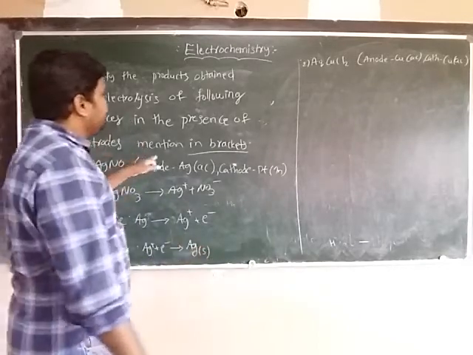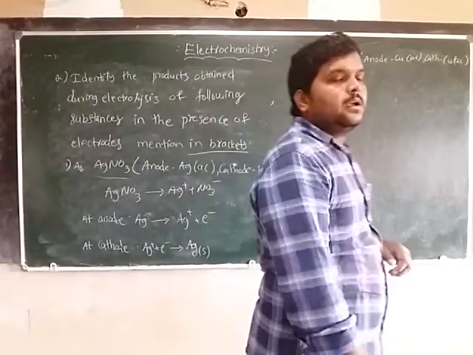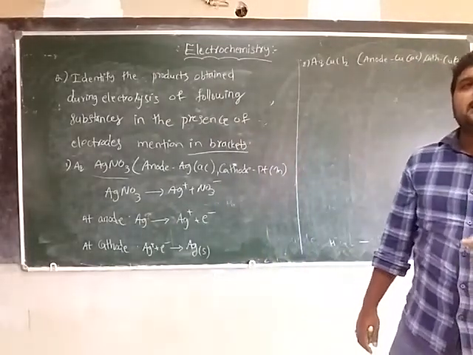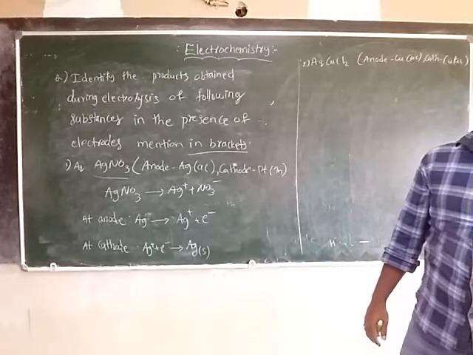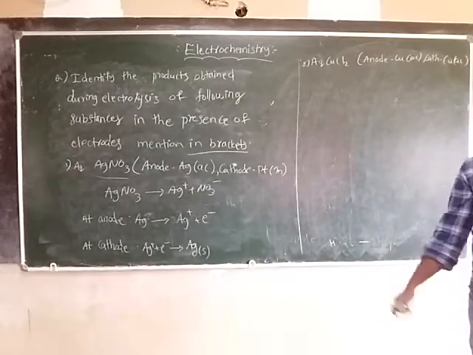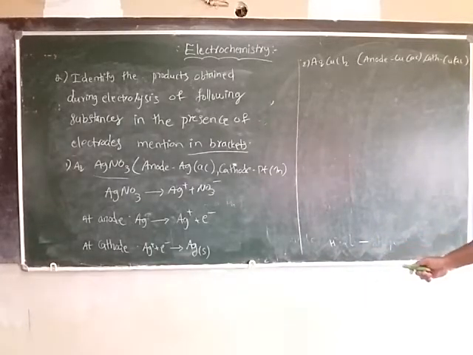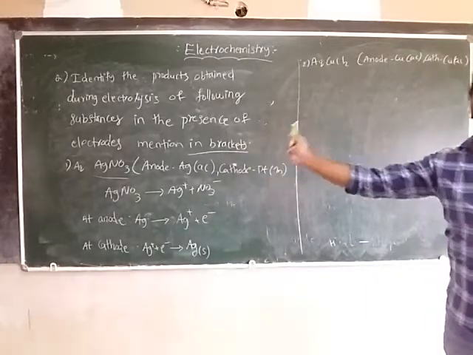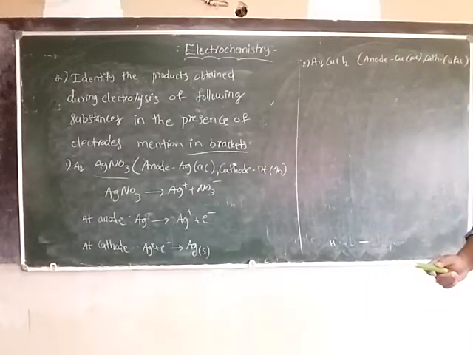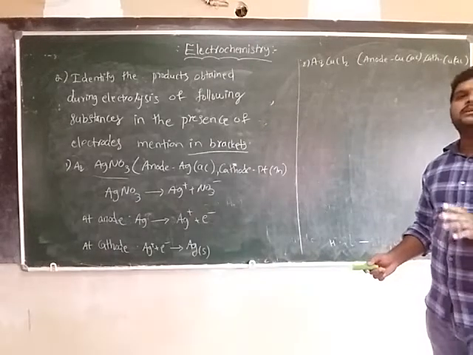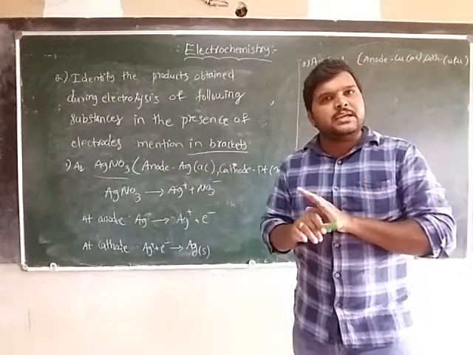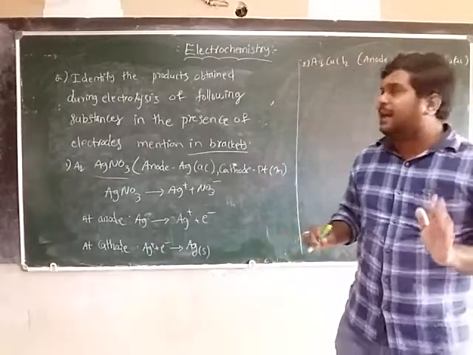In the case of an active electrode, our anode, we may not expect any product at the anode. Once again, when the anode is an active electrode, mostly no product is obtained at the anode.